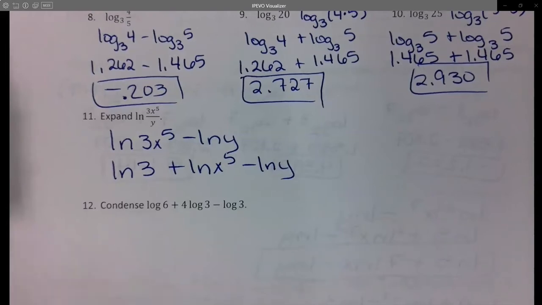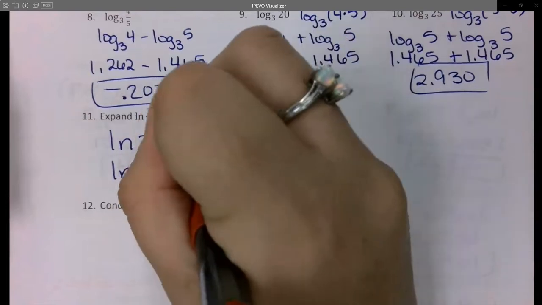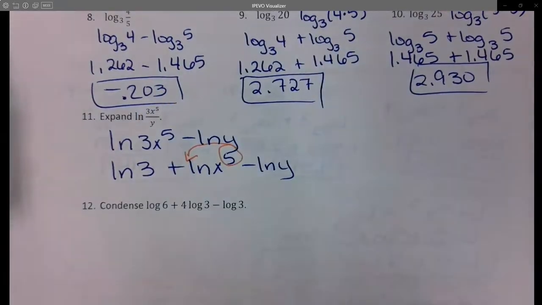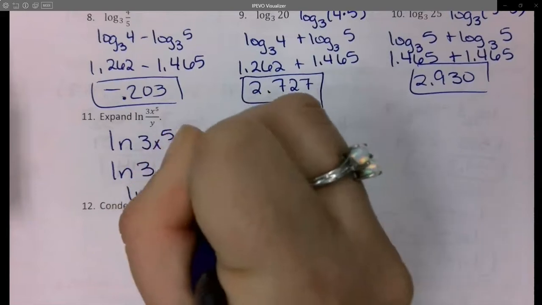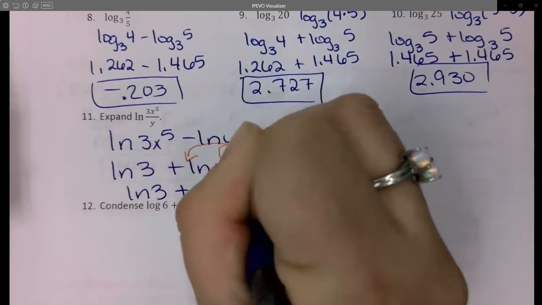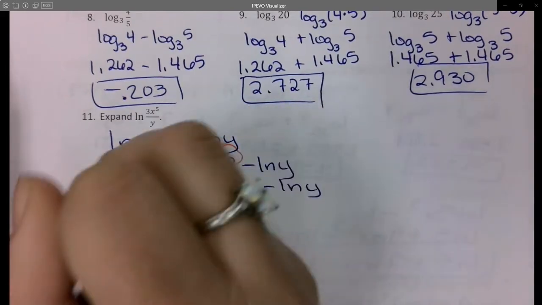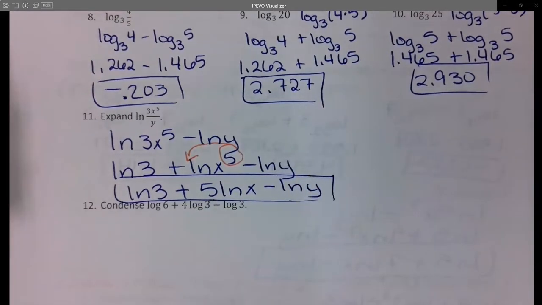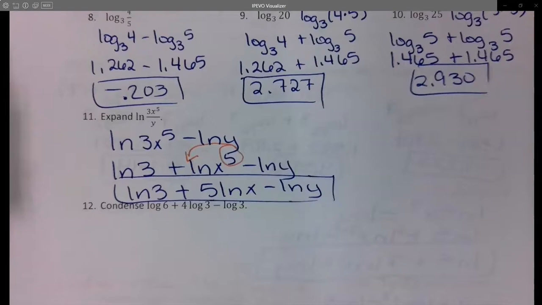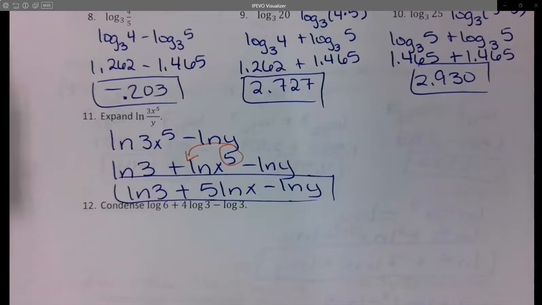Then I have this exponent, which needs to go out front. So I'm going to have ln 3 plus 5 ln x minus ln y. Our goal when expanding is to get it so everything is just like on one line with no exponents, no fractions.